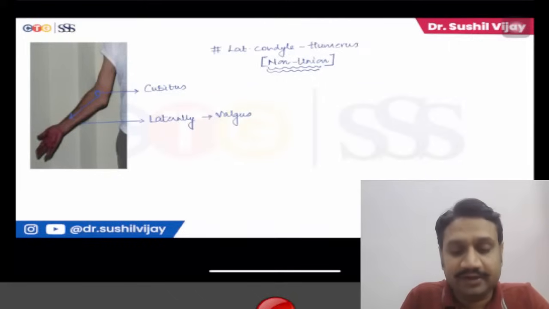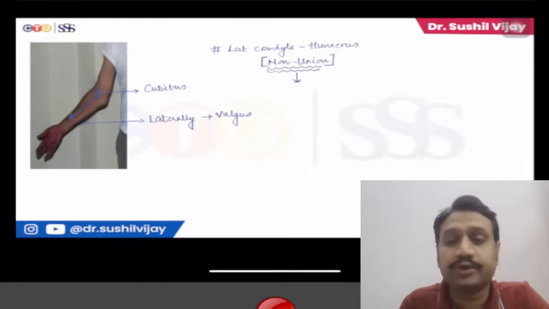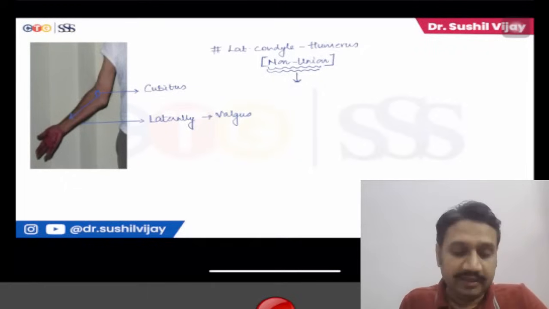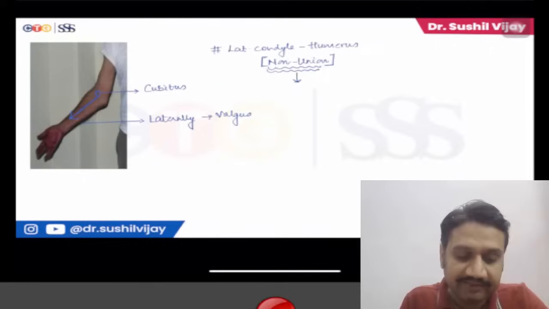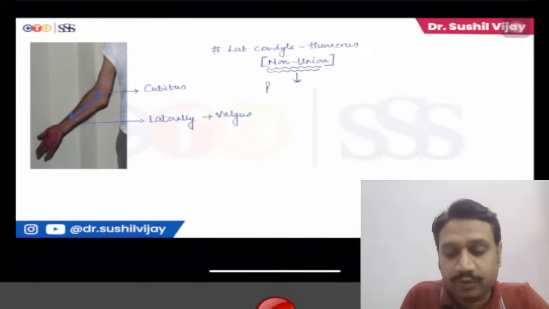And if the lateral condyle goes into non-union, then the patient, with the growth of the limb, is going to develop this progressive lateral deviation of the forearm. If there is a lateral deviation of the forearm, we are going to call it the progressive cubitus valgus, right?